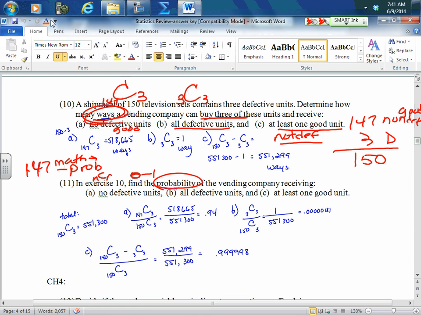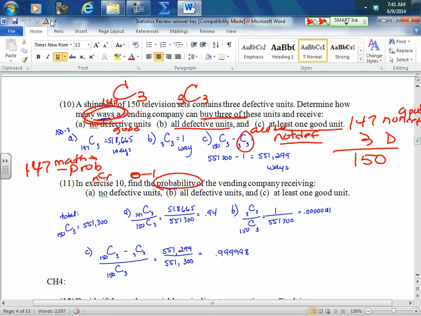So you take your total out of 150, generic, you have 150 to choose from, any 3, and you're going to subtract the one time that they're all defective. That's the only one you don't want. And then you get how many ways that will happen.